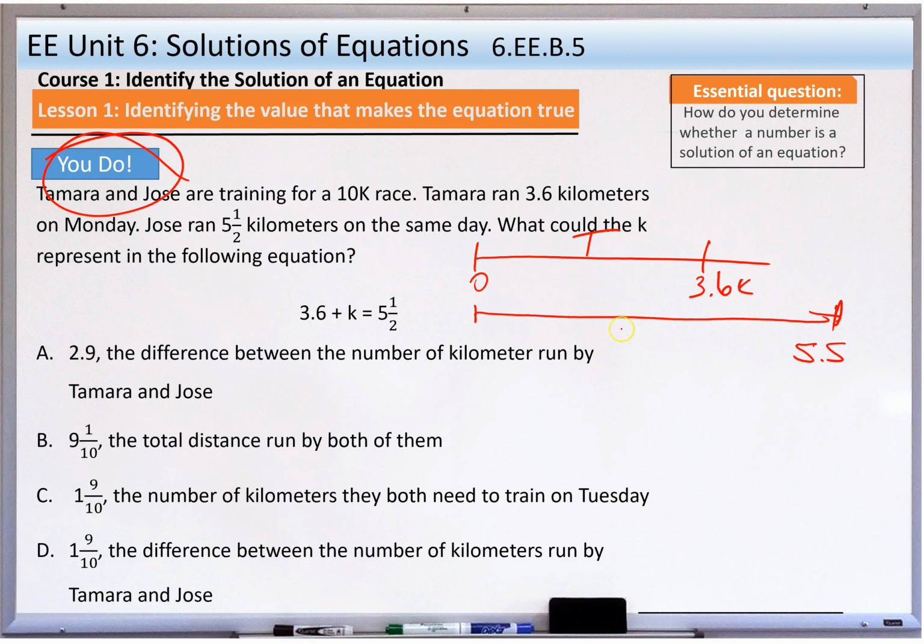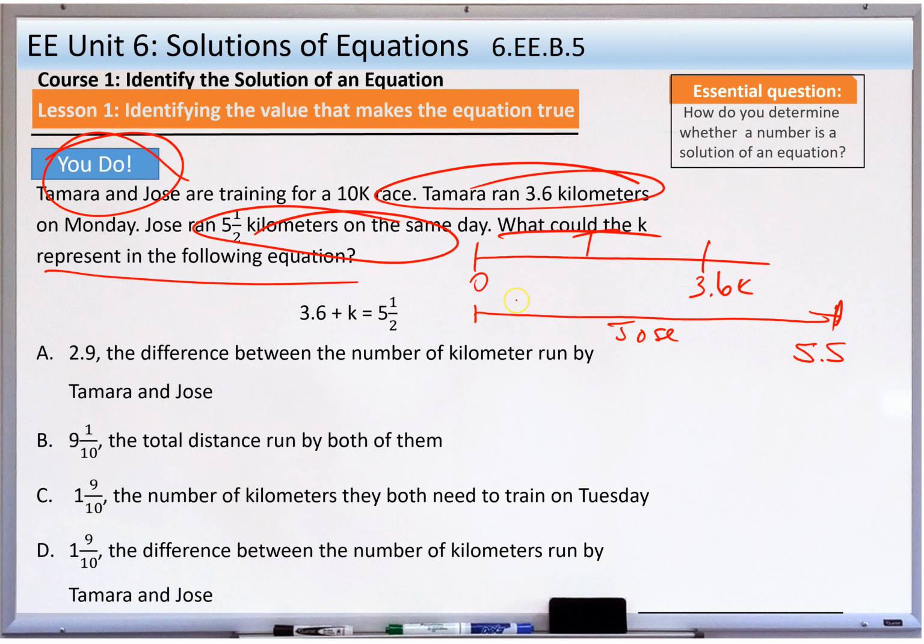That was Jose, on the same day. The question is, what could K represent? So 3 6/10 plus K equals this. So basically, K represents this part right here.